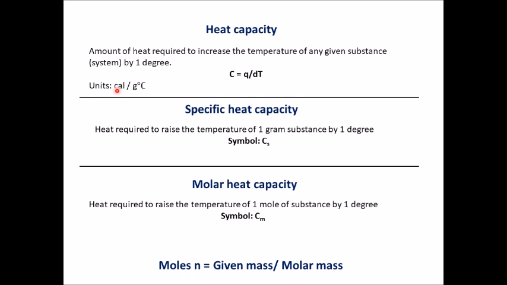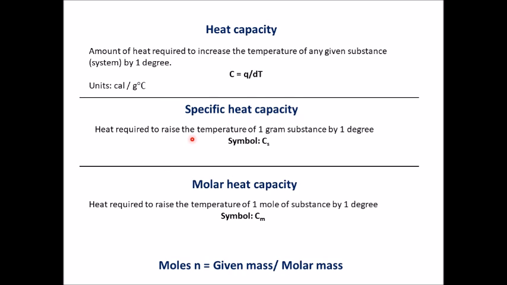So, we get the units as calorie for Q and dT is 1 degree, and it is going to be per gram, because we have said for a given mass of substance. If it is going to be 1 gram, then we will have it as specific heat capacity.